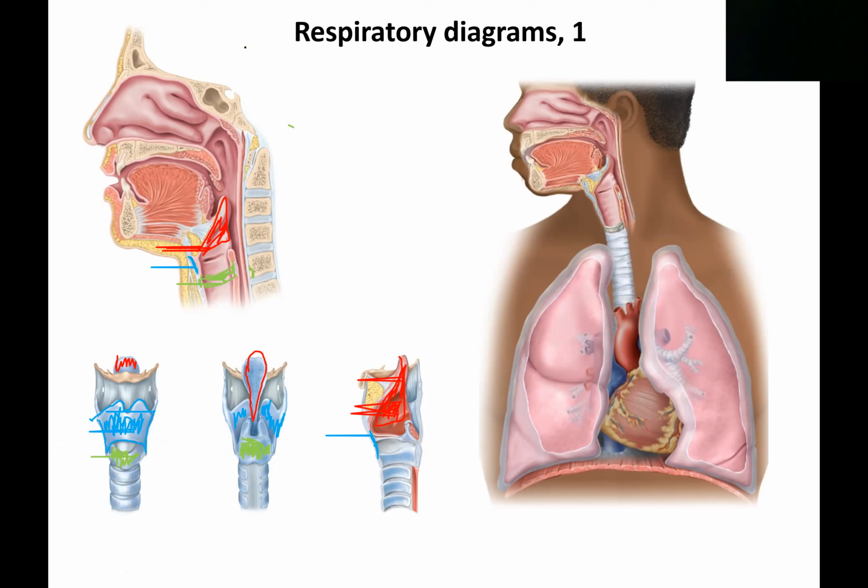The vocal cords are this slit here in the mid-sagittal view.